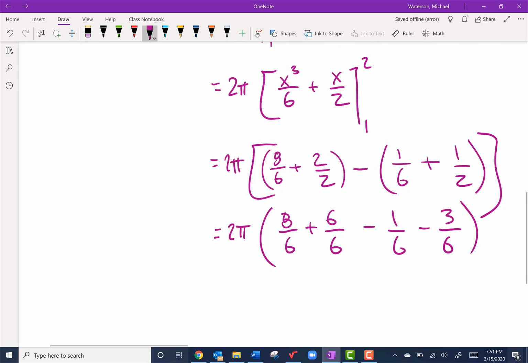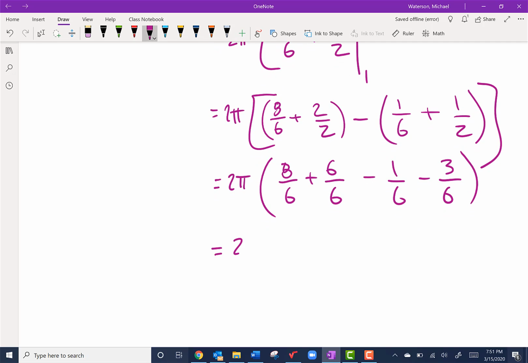What do we get there? 8 plus 6 is 14, minus 1 is 13, minus another 3 is going to be 10. So we get 2 pi times 10 over 6. Now we have the 2 and the 6, I think that cancels and gives us a 3, and leaves us with our answer, 10 pi over 3.